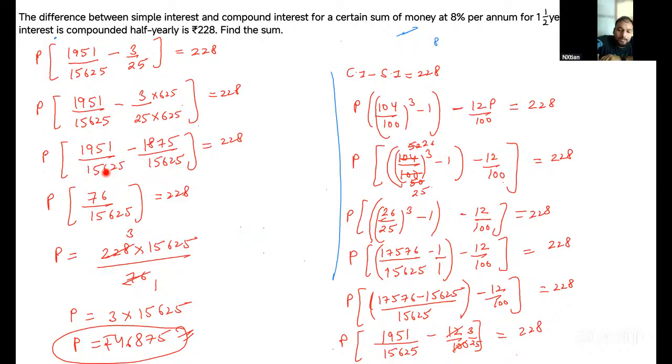Basically, if I show you one trick, we got to know that 25 cube is 15625. 15625 is basically 25 cube. And 25 square is 625. And basically 125 is already there. 25 square is 625. So I multiply it, I will get 25 cube. That's why I took this one.